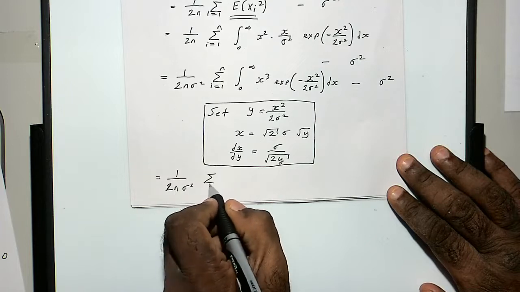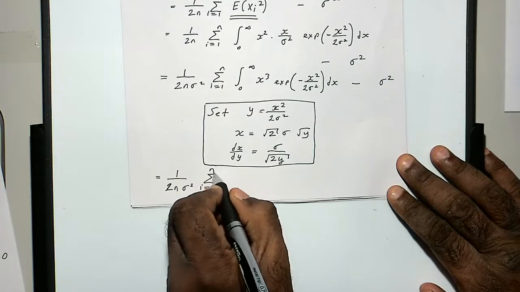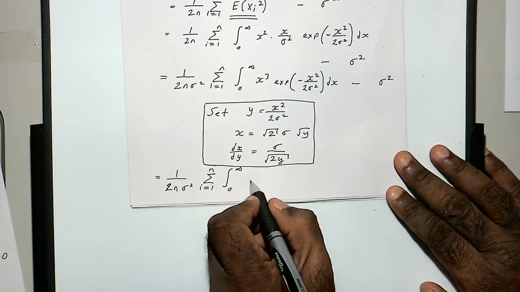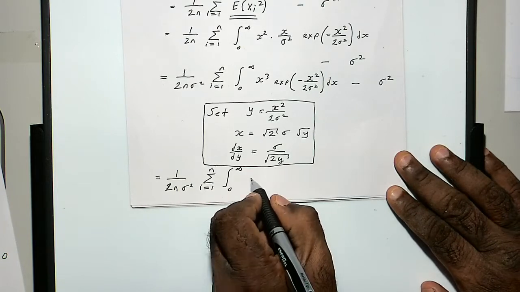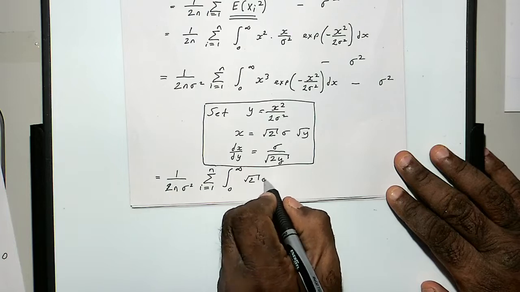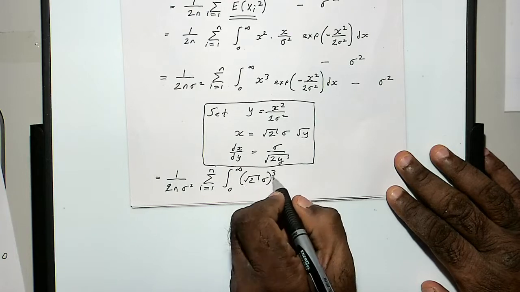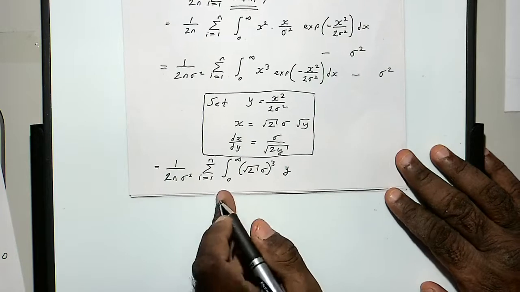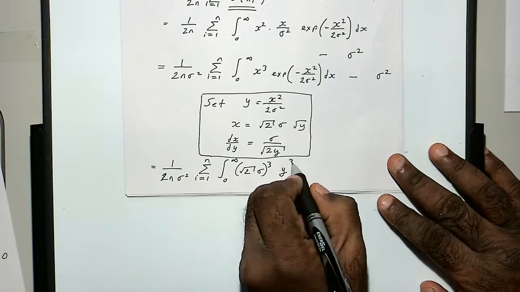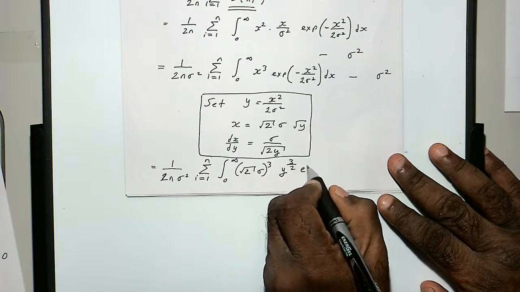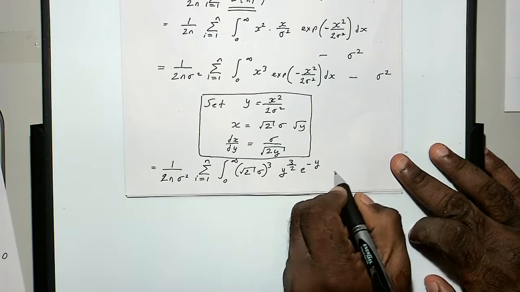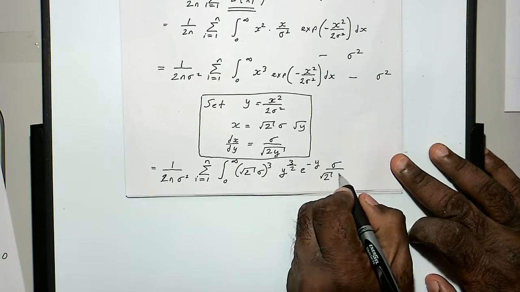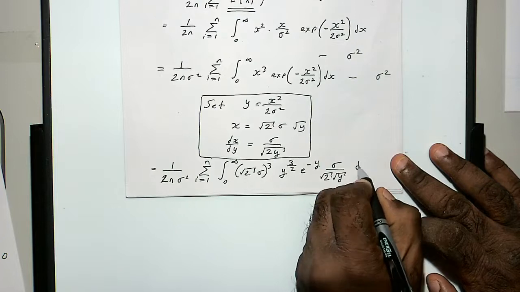Then you have sum 1 to n. Then you have 0 to infinity. X cubed will become, cube, right? And this will be y to the power 3 over 2, then e to the power minus y, dx is sigma root 2 root y dy.